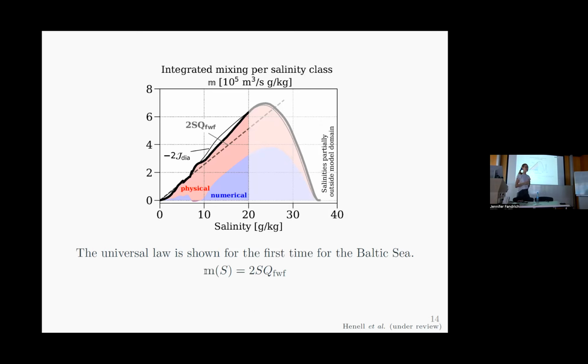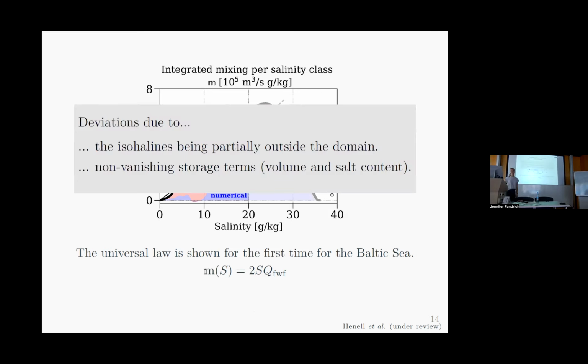That's why it's blended out. Yes, I'm sorry. Yes, it's the first part here. The isohalines being partially outside. That argument does not hold for salinities smaller than that.